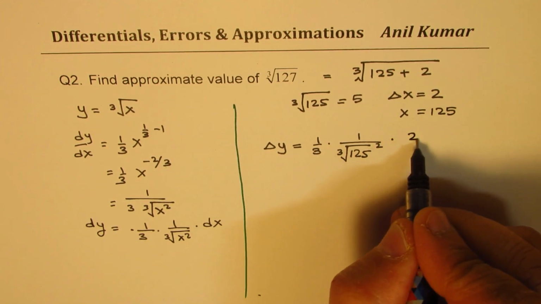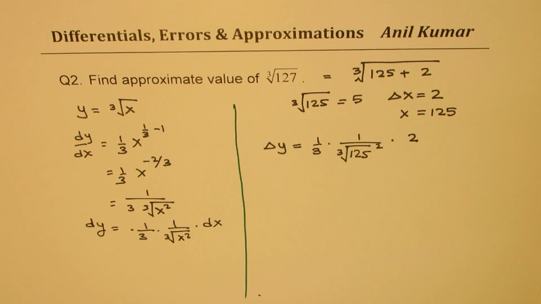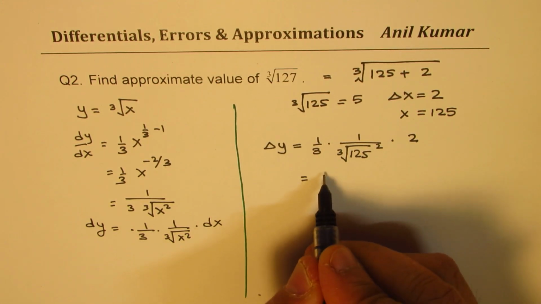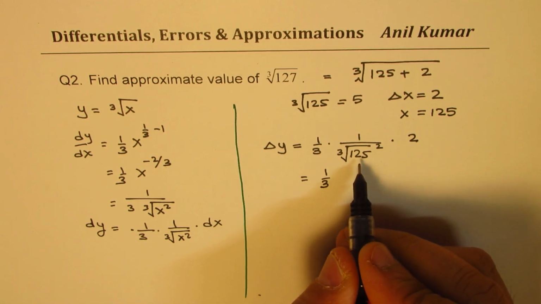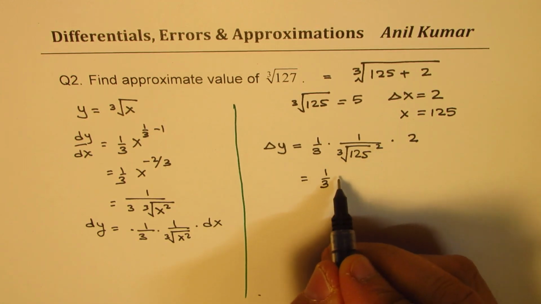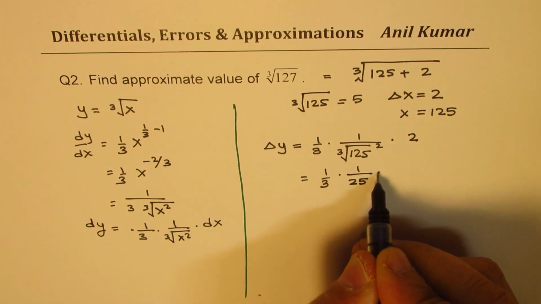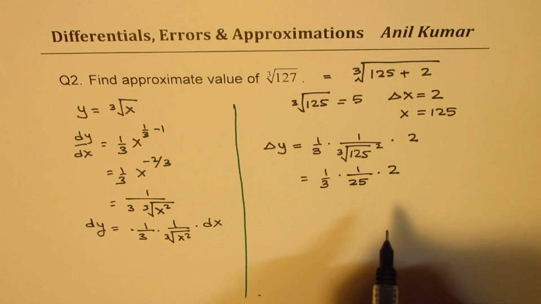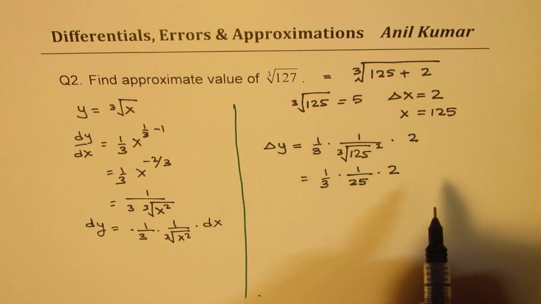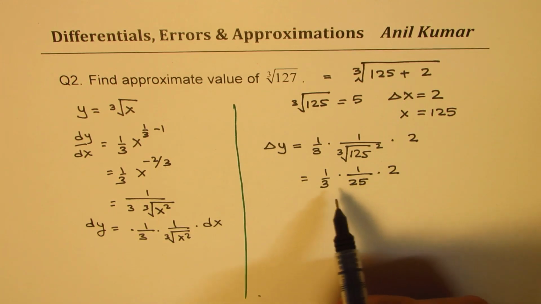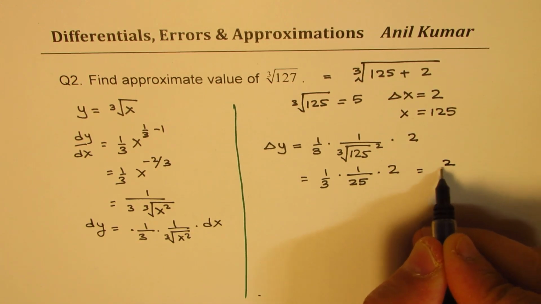Times 2. So that gives you the change in the value of y, which is basically 1 over 3, and this is 5 squared, which is 25, times 2.